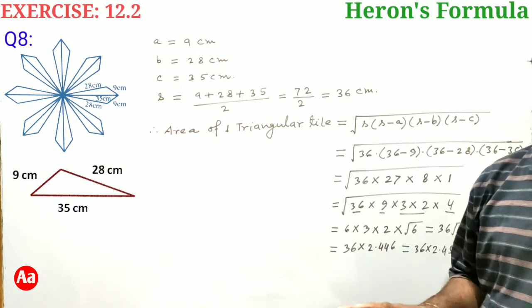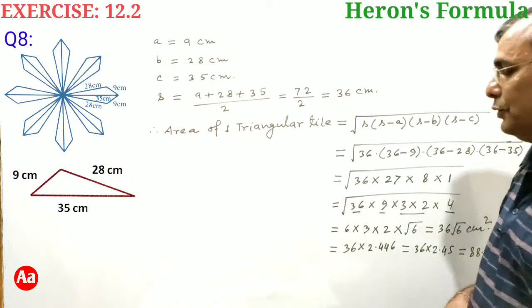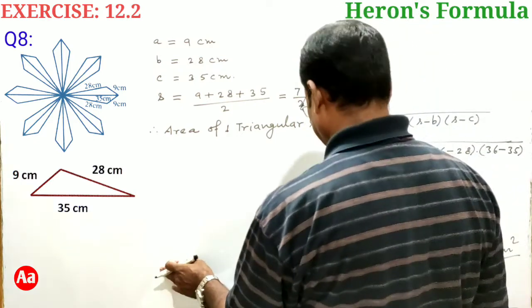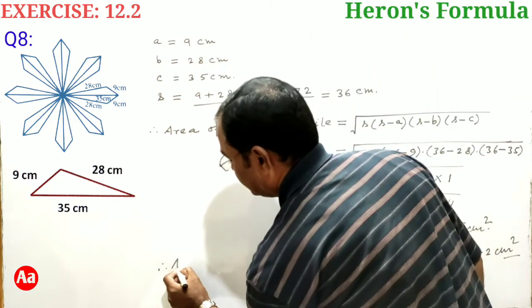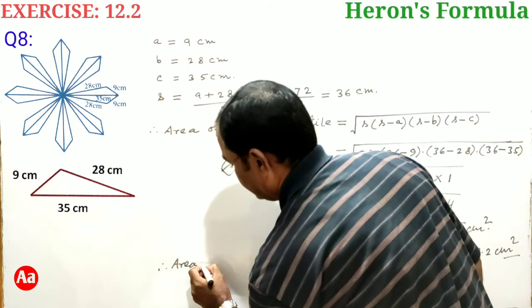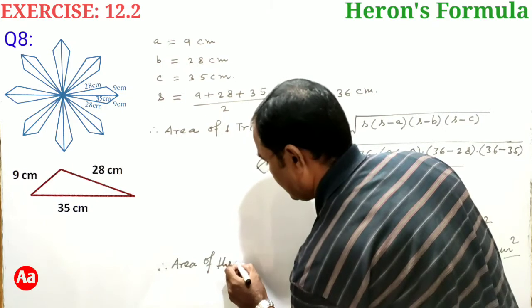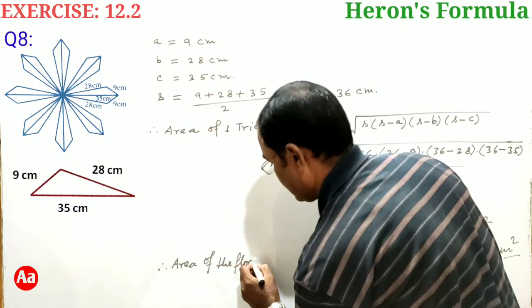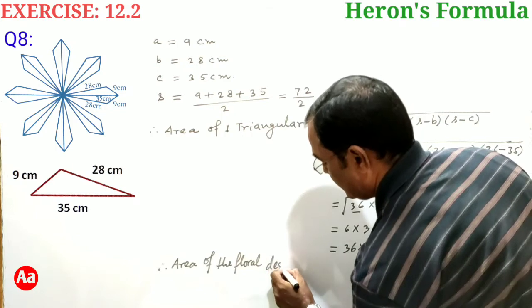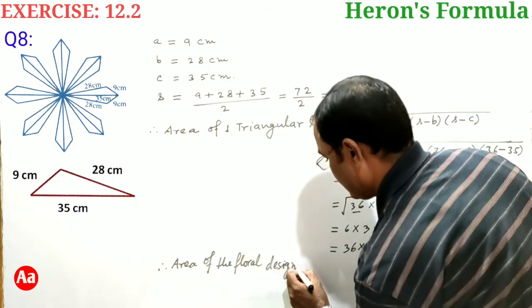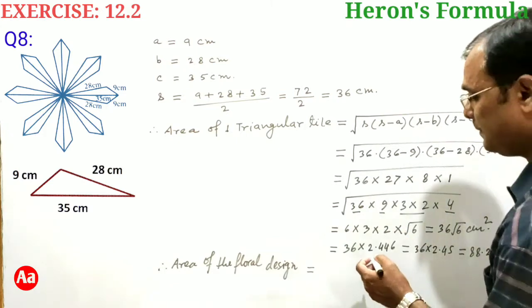In a floral design there are 16 triangular tiles, so therefore what will be the area of the floral design?